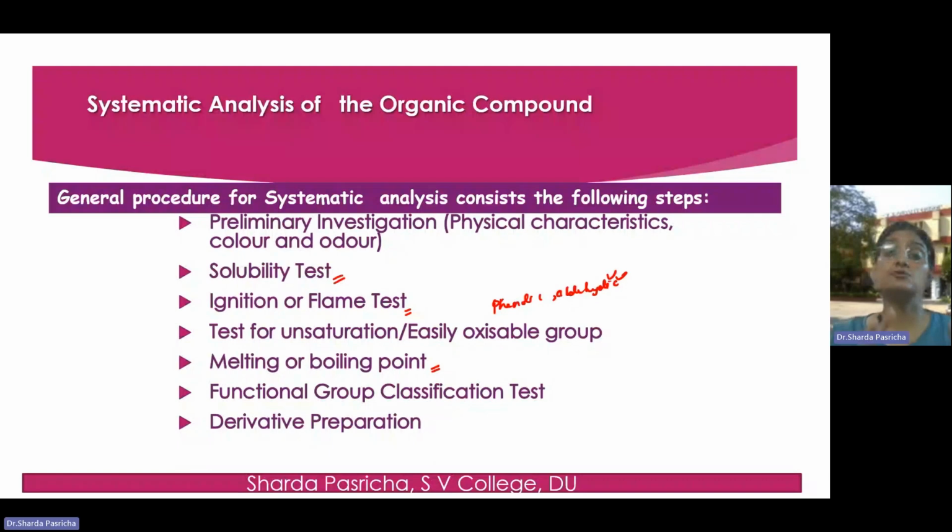So basically, the organic compounds have been classified into 3 categories. The compounds which are containing no functional groups. Okay. Those are the hydrocarbons. Next is the compound containing oxygen functional groups.